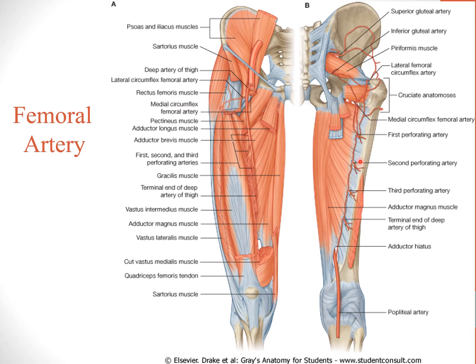Here you can appreciate the perforating branches, first, second, third, and then the terminal end of the deep artery as the fourth perforating. And here you can see the adductor hiatus, and through it the femoral artery passes downward and becomes posterior. This is the anterior view and this is the posterior view. In the posterior view you can appreciate that the femoral artery passes through this opening and becomes the popliteal artery.